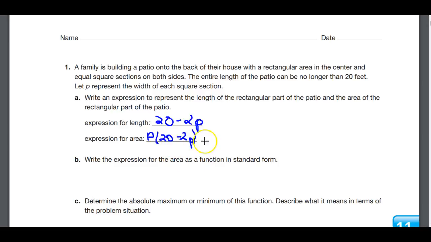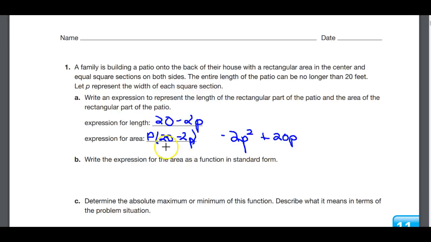Close that out. And then if I distribute that in, I'm going to get negative 2p times p, so negative 2p squared, and plus 20p, right? Negative 2p squared plus 20p.